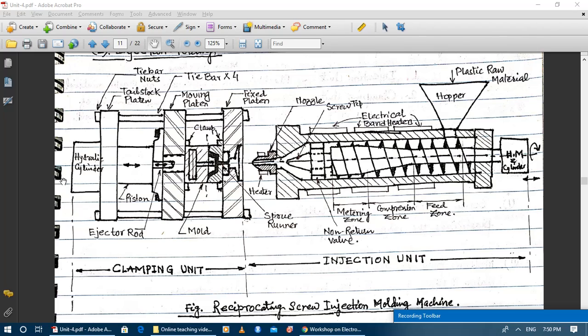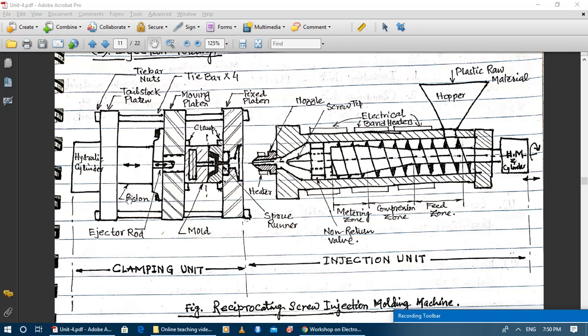This hydraulic cylinder and its piston connect the moving platen with the tailstock platen. That means when the cylinder expands, the moving platen will move towards the right-hand side and close the mold, and when the oil flows in the other direction, the hydraulic cylinder moves back and opens the mold.